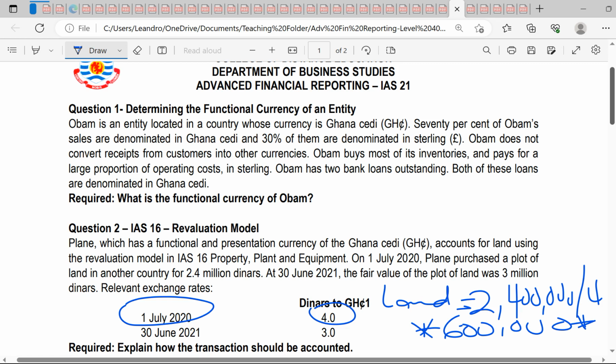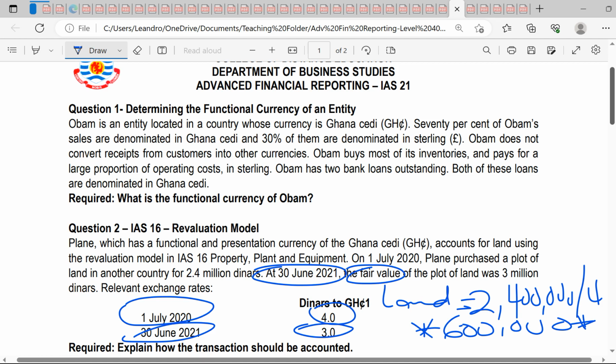Now, this land has been fair valued, and so we get to 30th June, and then the land is fair valued. And so since it's fair value, we will use the rate on the date of fair value to translate the fair valued amount. And here the fair valued amount is 3 million.